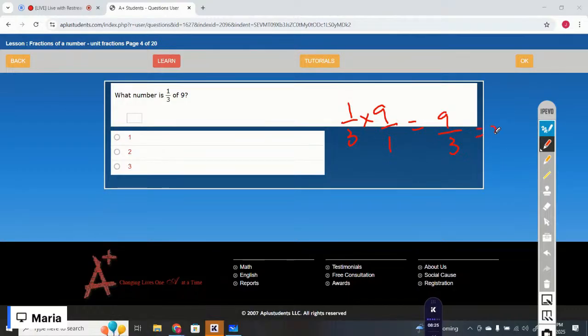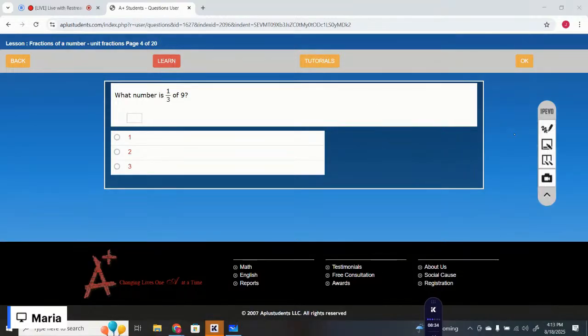That is 3 times 3 is 9. The correct option is 3. Option number 3 is the correct option.